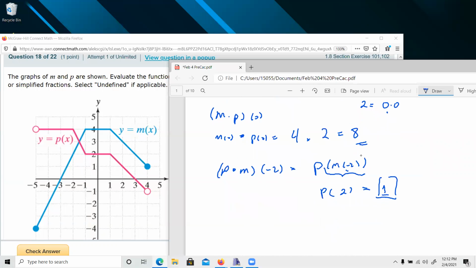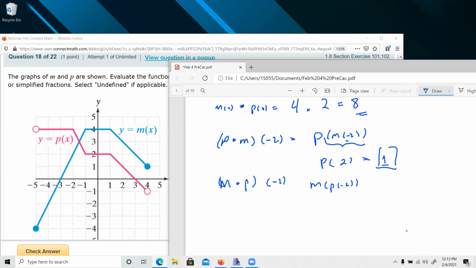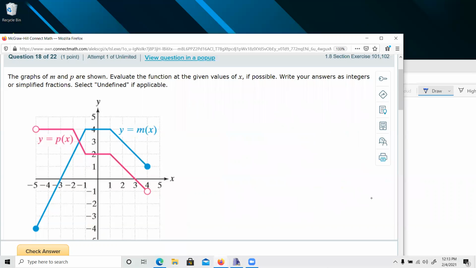Can you reverse them? Can we say M of P of -2? Is that going to give us the same thing? It might, but it doesn't have to. P of -2 is all the way up here at 4. So we have M of 4, and then we follow down M. M of 4 is 1.